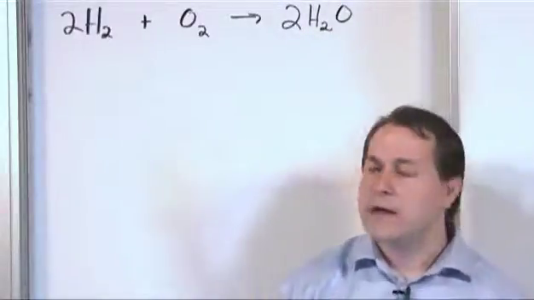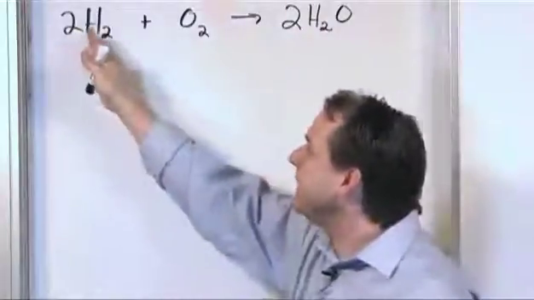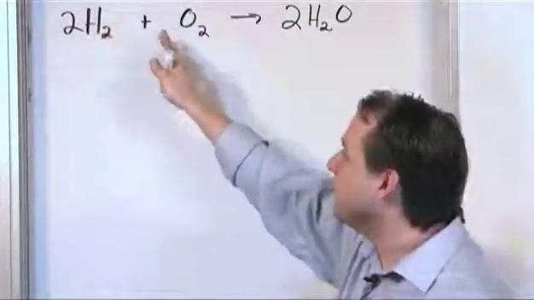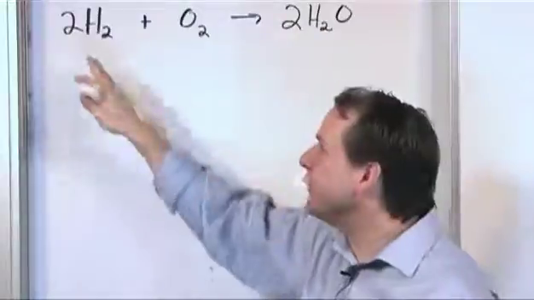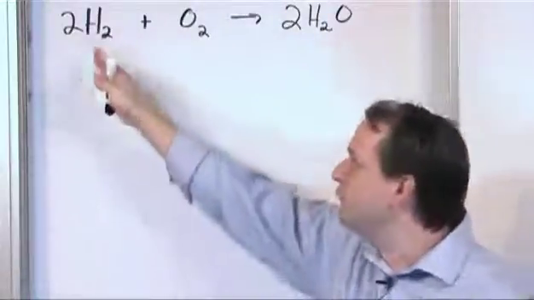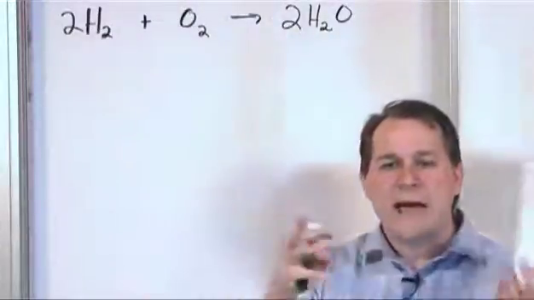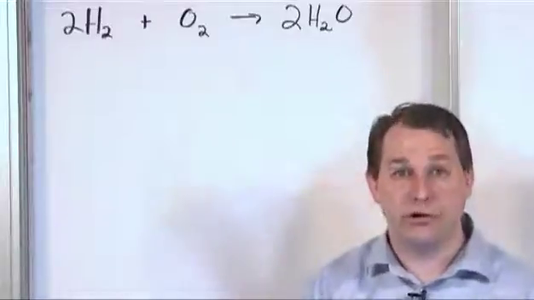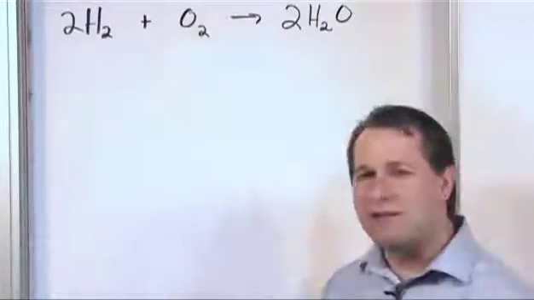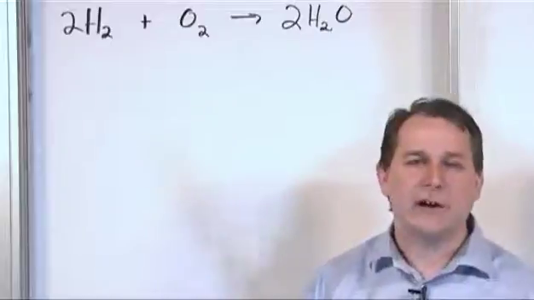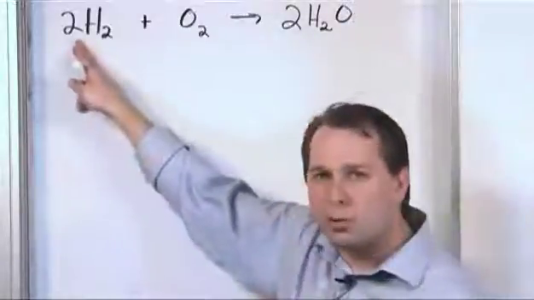In real life, if you're trying to mix these things in the exact right proportion, if you got it perfect, then really neither one is a limiting reactant if you did 2 moles of this and 1 mole of this, because every single atom and molecule was used. But in real life, you can never get it perfect. In real life, you can never measure exactly 2 moles of hydrogen.